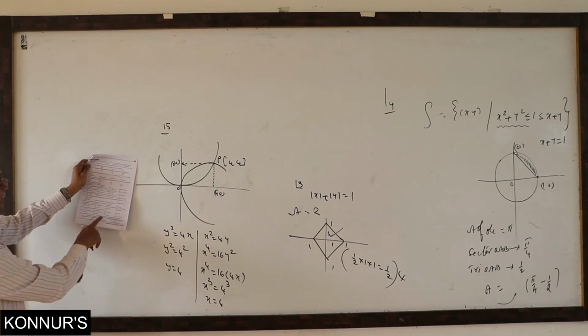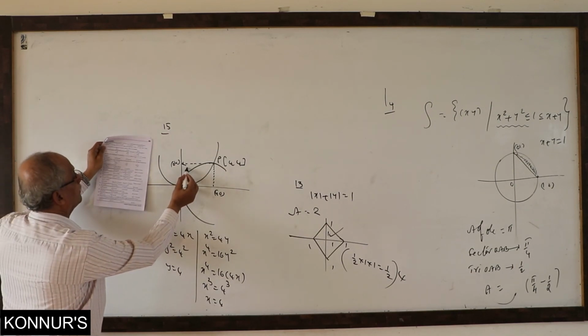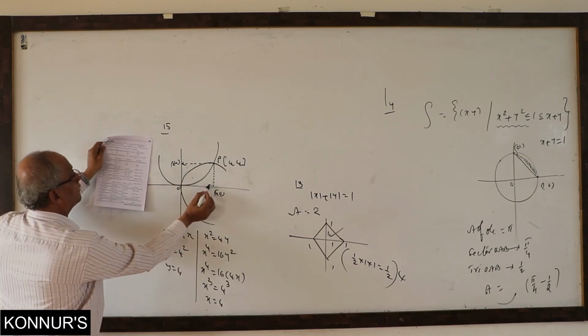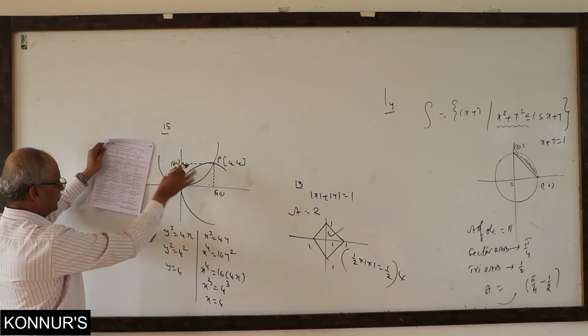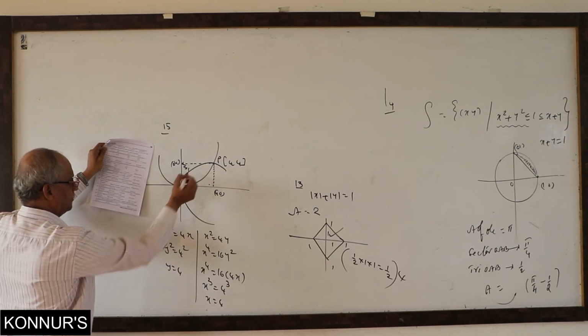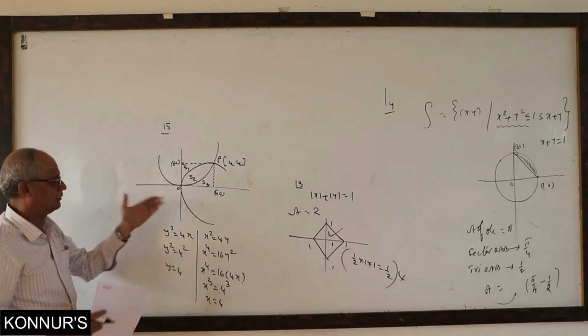Then he is asking for the area of the regions, the ratio, anything you can find once you know this. This is S2 and this is S3. Easily you can find out.